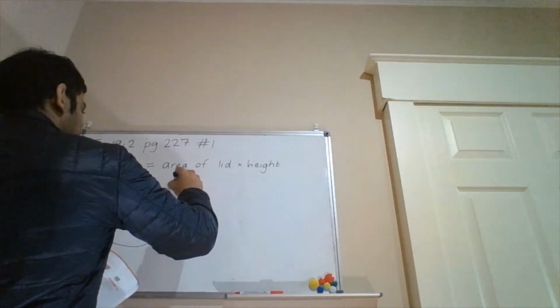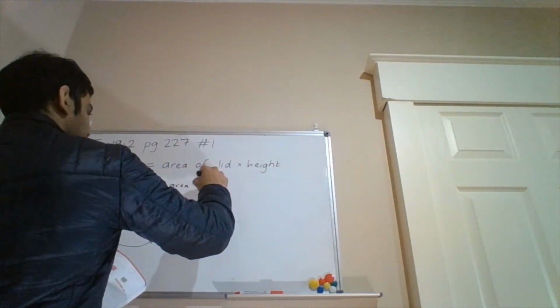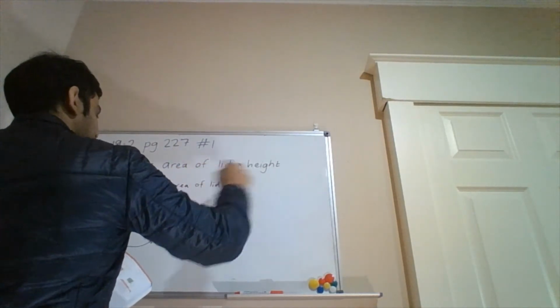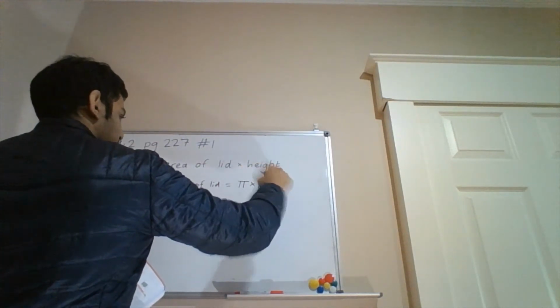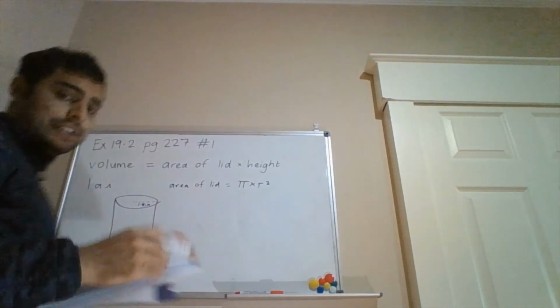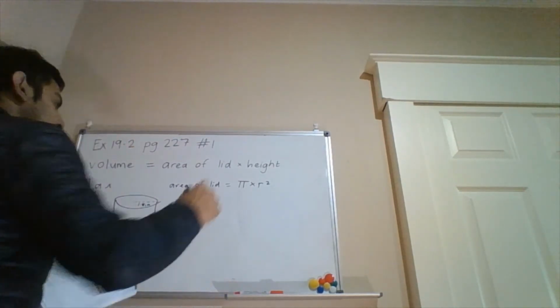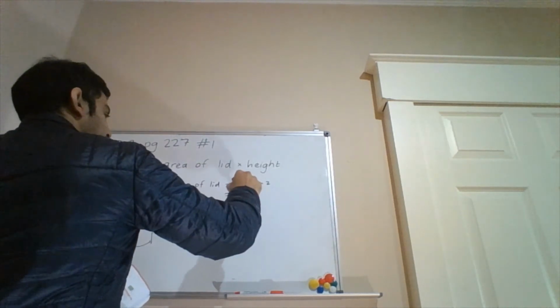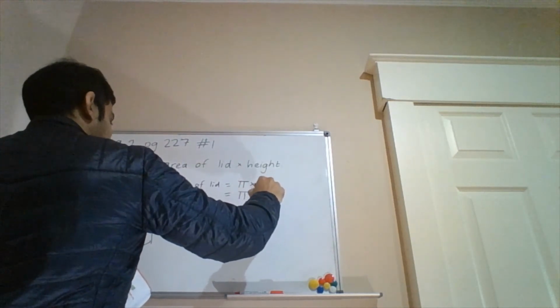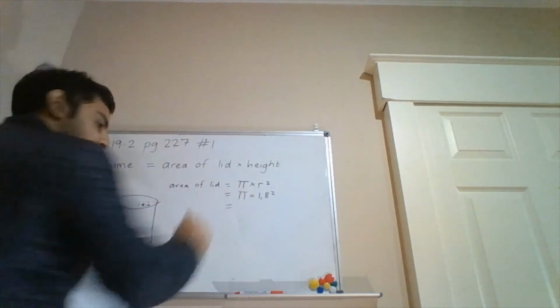So the area of the lid is the area of a circle which has equation pi r squared. You should be familiar with that by now. We already have the value of the radius, luckily. So we can just put in pi times 1.8 squared.